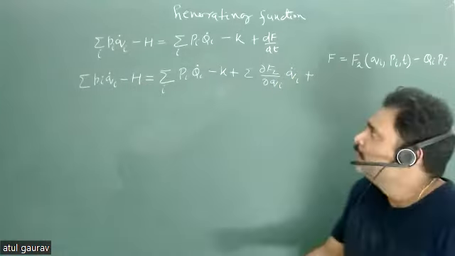Here is a negative sign, so minus qi is equal to 0. So we have del f2 upon del pi is equal to qi. Last but not the least, we will take k is equal to h plus del f2 upon del t.